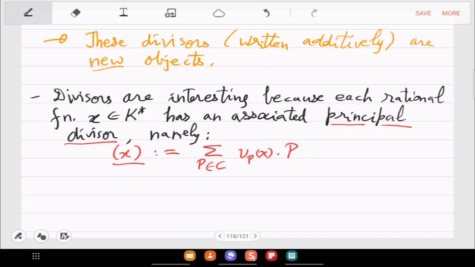No. It means this is a definition. So the definition of principal divisor is this. This is the definition of principal divisor.